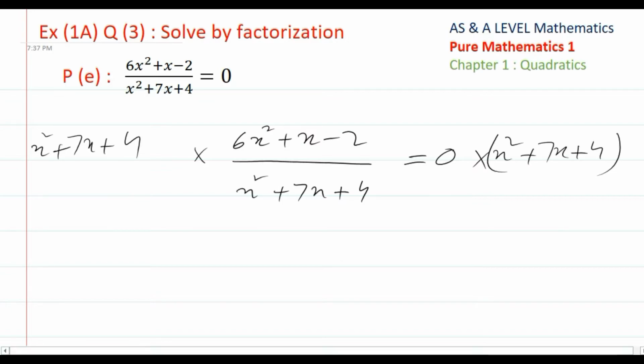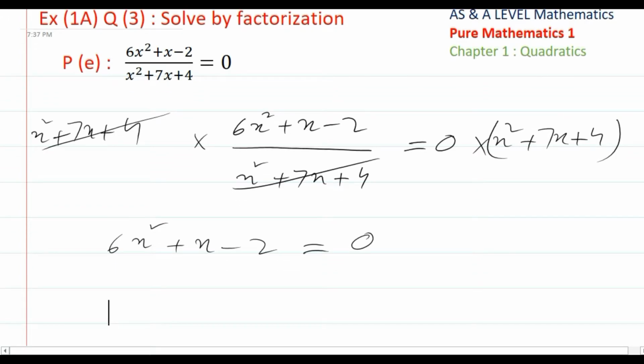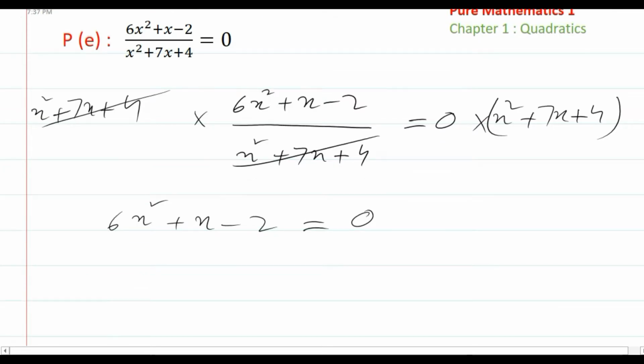What will happen? This all will cancel away and you are left with 6x square plus x minus 2 equal to 0. The right side will become 0 after multiplying with 0.